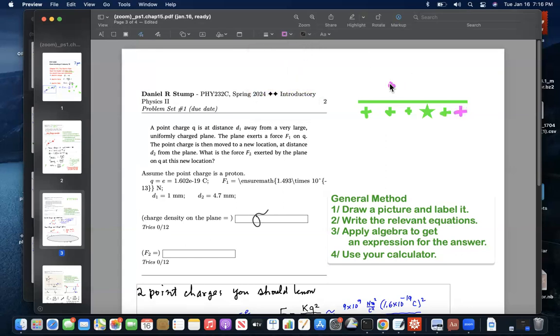And here's Q. And I want to know, what's the force on Q?